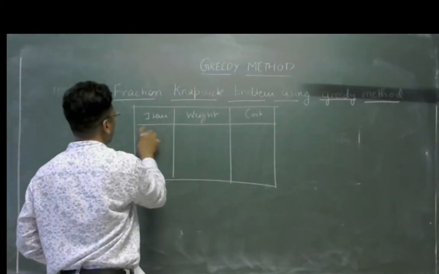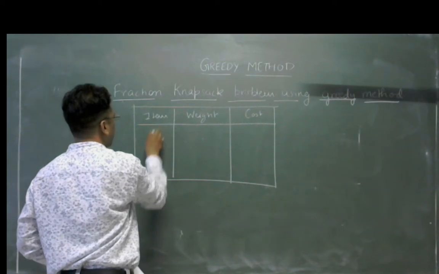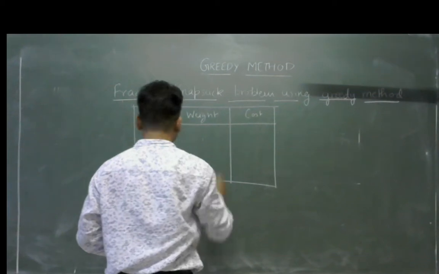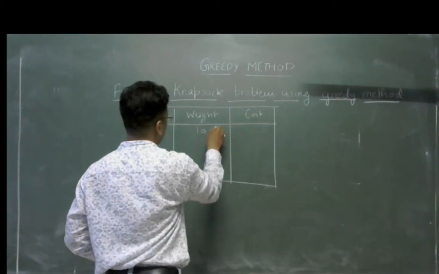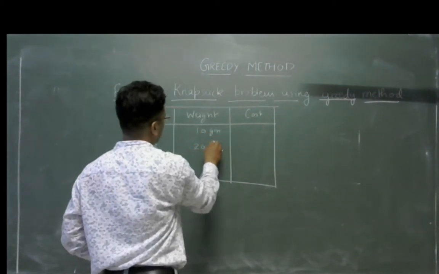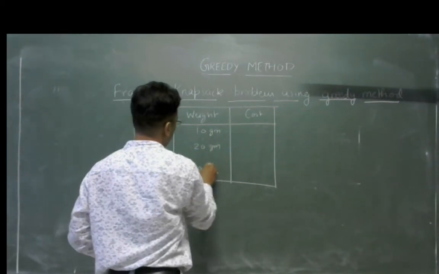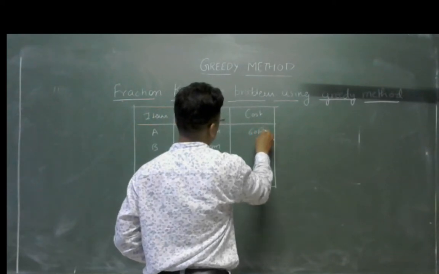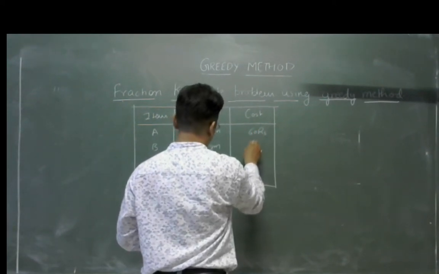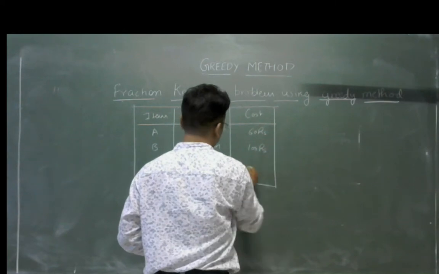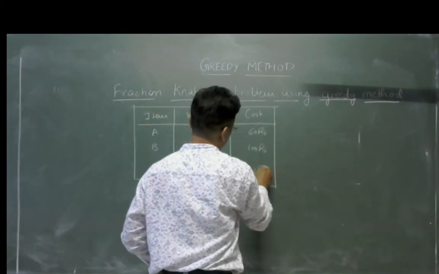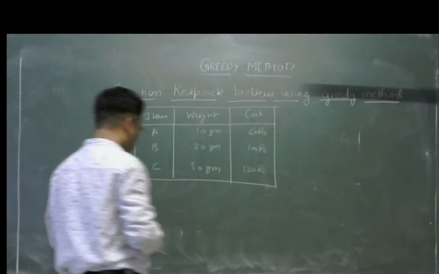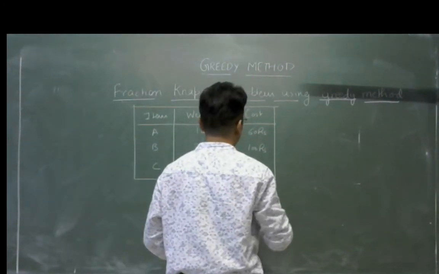Suppose I am taking the items as A, B and C, and the weights are 10 gram, 20 gram and 30 gram. Their costs are 60 rupees, 100 rupees and 120 rupees. And the sack that we have to fill is of capacity 50.